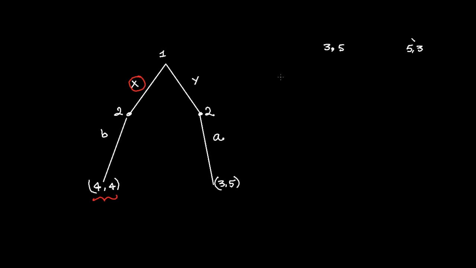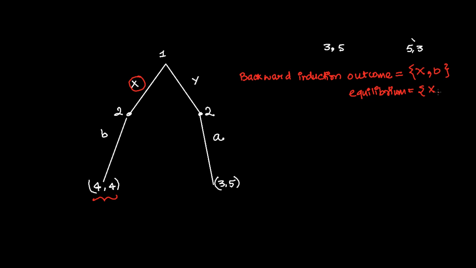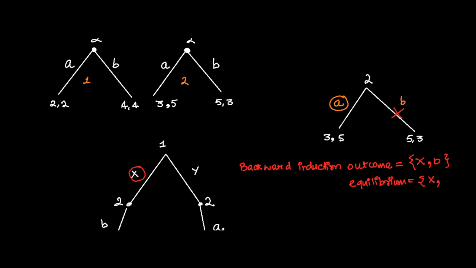And this equilibrium backward induction outcome is, let me write it for you, the backward induction outcome is the equilibrium strategy of 1 and the equilibrium strategy of 2. Similarly, the backward induction equilibrium is the equilibrium strategy of 1 and the equilibrium strategy of 2, which is what?